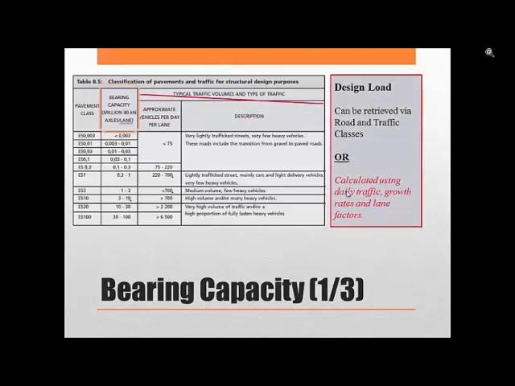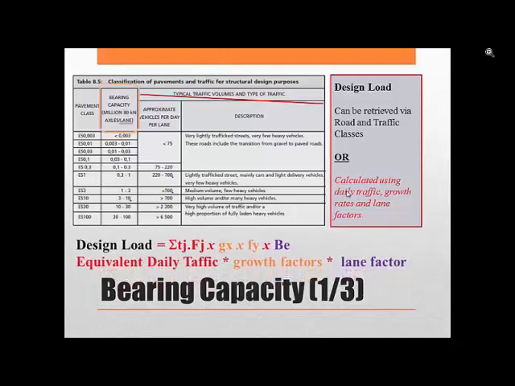The cumulative equivalent traffic can be determined by estimating from tabulated traffic classes, but it can also be calculated through a detailed calculation from daily traffic axle loads, growth rates, and lane distribution factors.